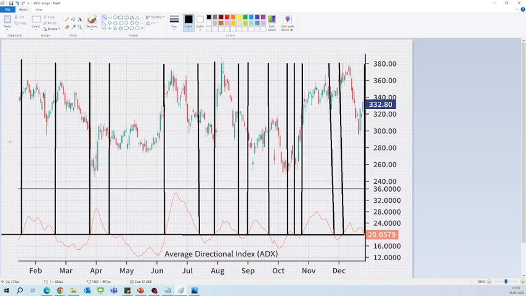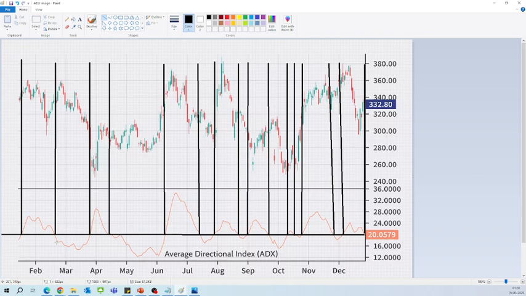This is the same image, and let's see when this is above 20, this is 29, and this is below 20. Here it is trending, and we can see it. Here also it is trending, although it went up and down, it was trending for some time.